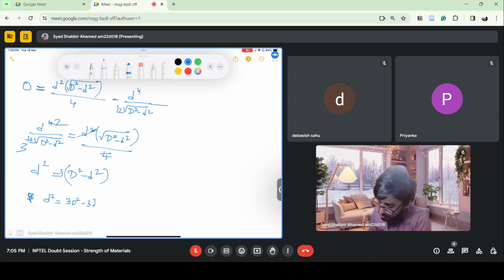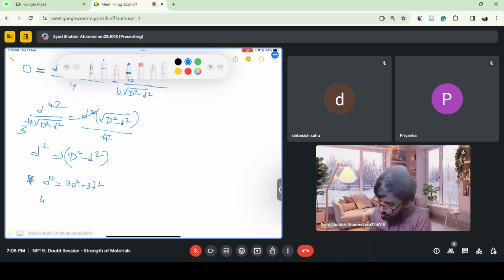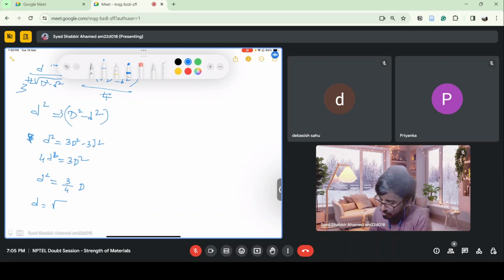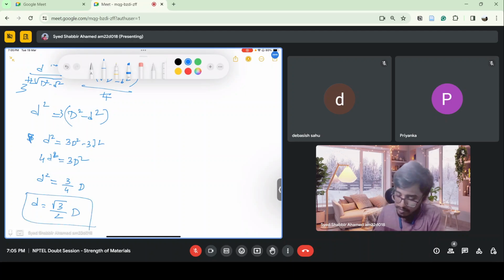D square minus 3d square. 4d square is equal to 3d square. So we'll get d square is equal to 3 by 4 D square, and eventually you'll get root 3 by 2 D. So this is d.